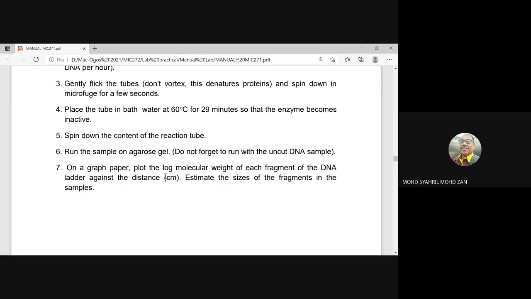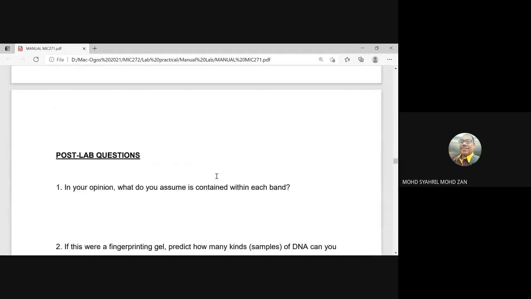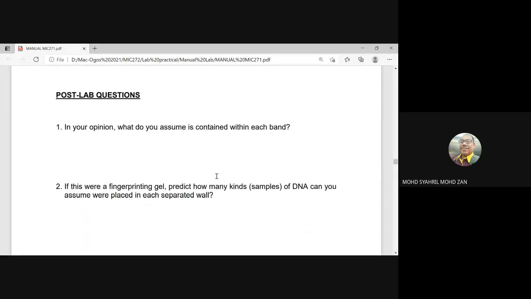On graph paper, plot the log molecular weights of each fragment of the DNA ladder against the distance. Molecular weight is your y-axis, distance your x-axis. So estimate the size of the fragments in the samples. Again, there are post-lab questions. In your opinion, what do you assume is contained within each band?